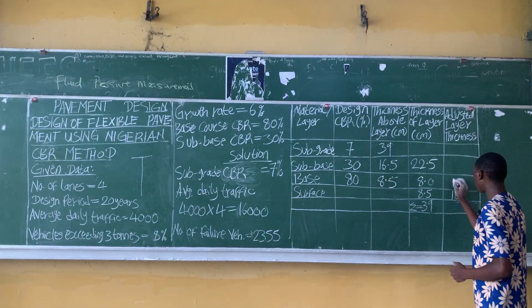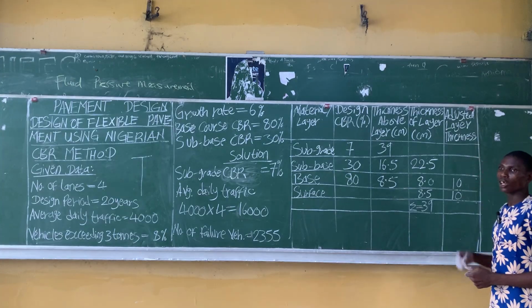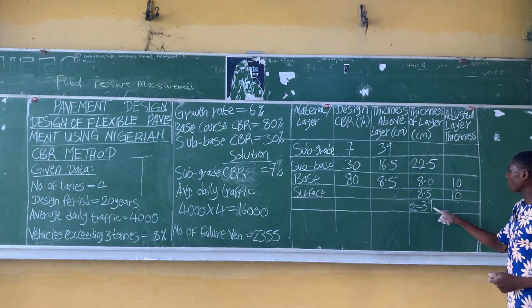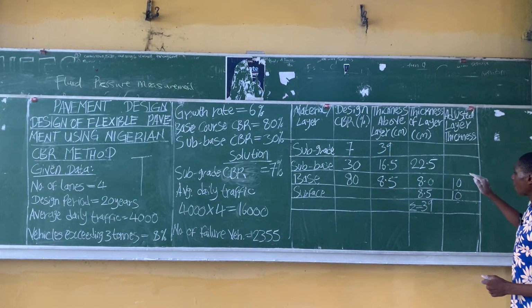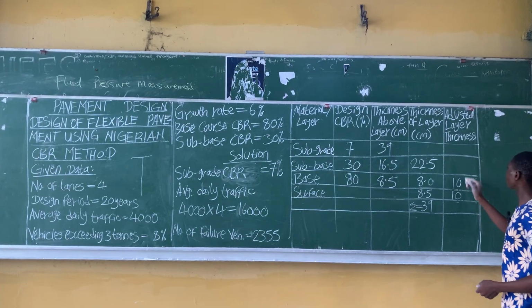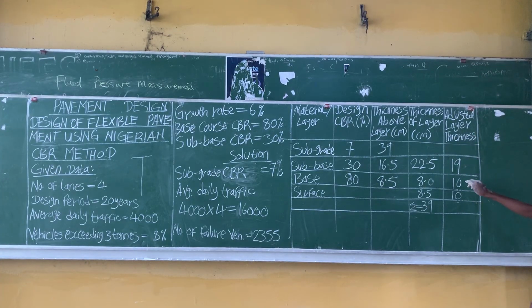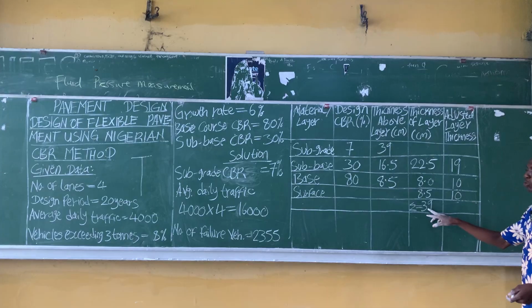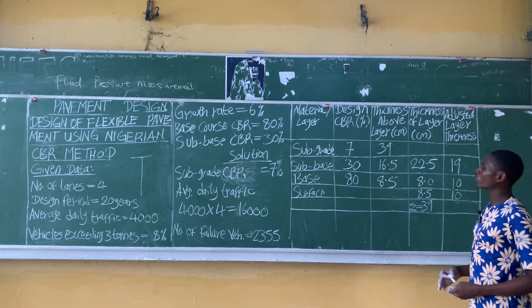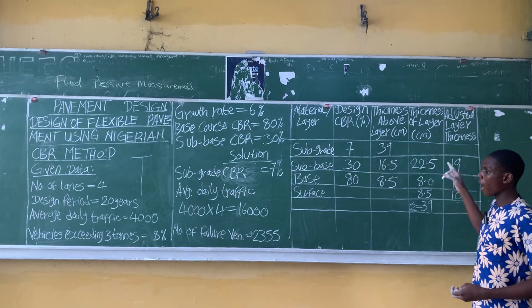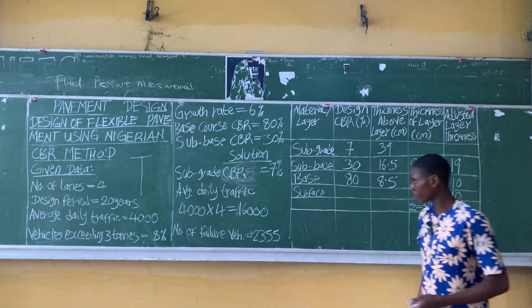We can simply make it 10 centimeters, which is a standard depth. 39 minus 10 minus 10 is simply 19. So our adjusted layer thickness for the various layers is 10, 10, 19 centimeters, which also amounts to the total thickness of 39 centimeters. The next thing we can do is to draw a sketch of how this pavement will be.